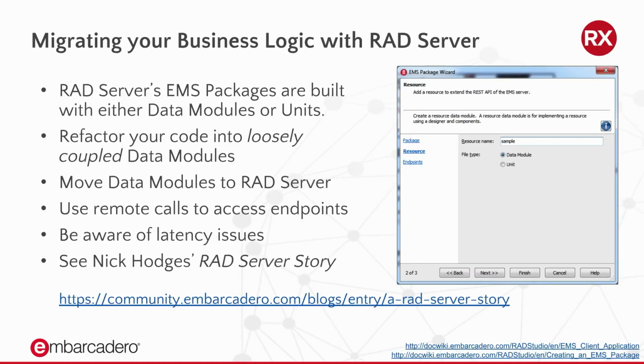And so you just refactor your code into loosely coupled data modules, move the data modules for data access into RAD Server, and then you make remote calls to RAD Server to access those data modules to give access to your application. Nick Hodges wrote a blog post called the RAD Server Story, where he talks about doing exactly that and how it gave an application the ability to scale and perform better over the long run.